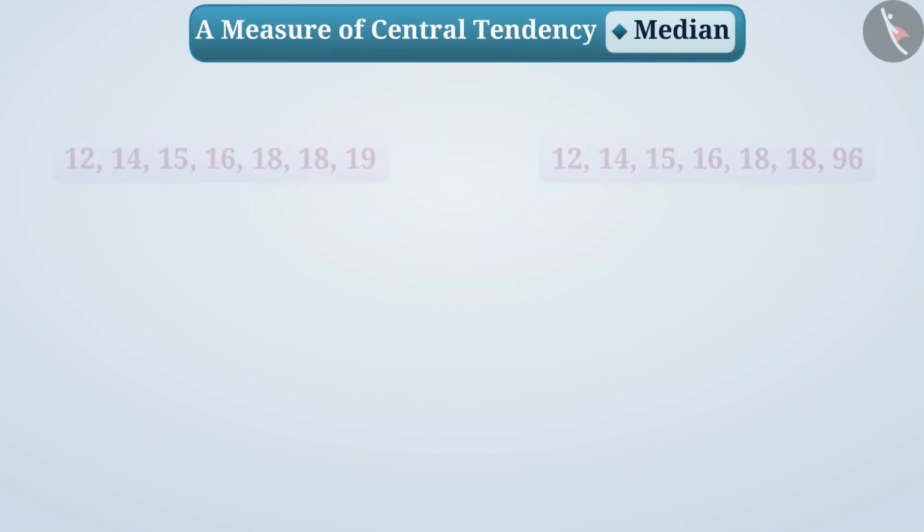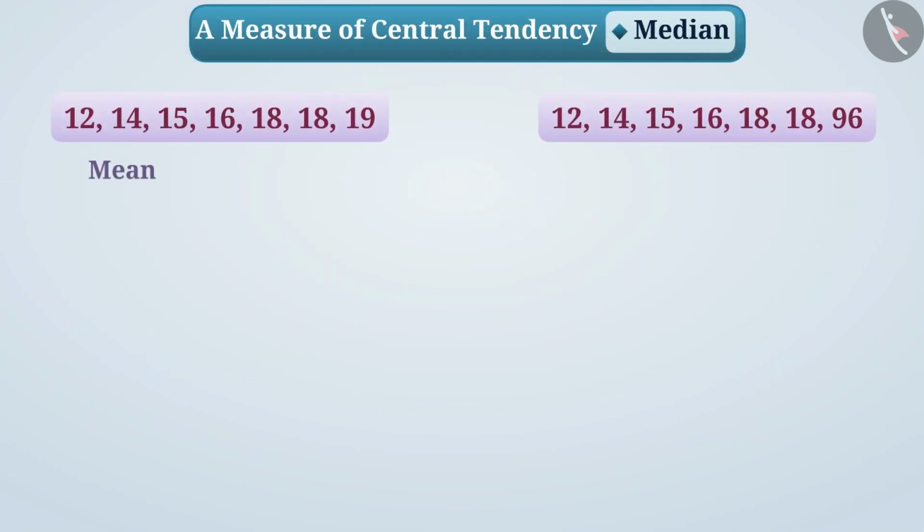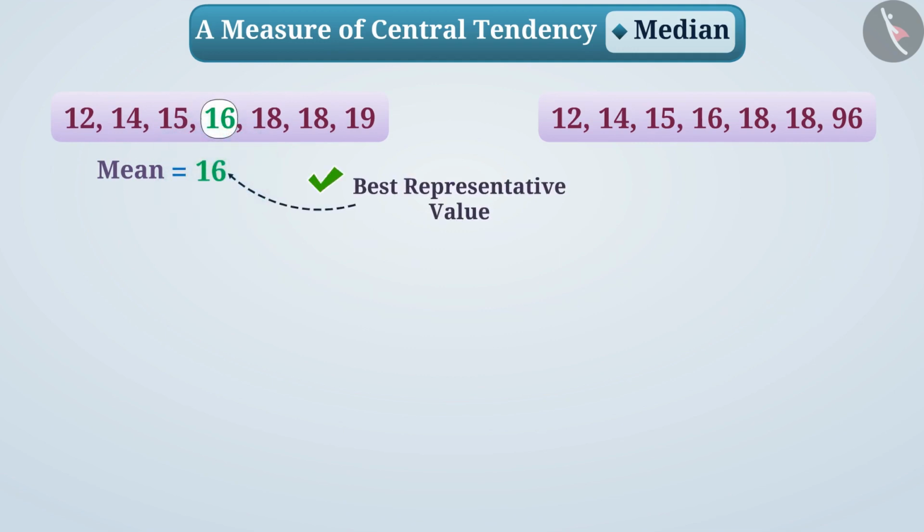Look at these two groups of data. The mean of the first group will be 16, which is a best representative value. Except for one observation in the second group, all observations are similar to the observations of the first group, but that one observation is much larger than the other observations.